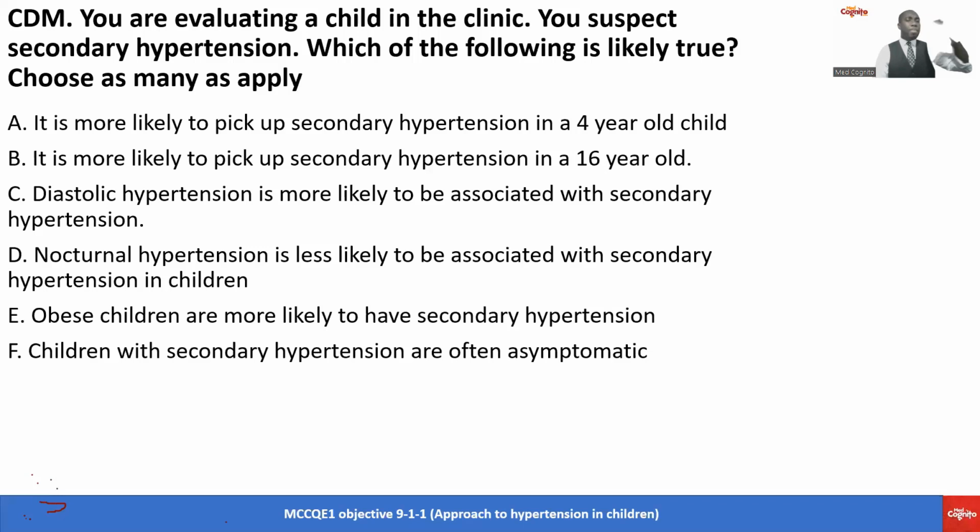C, diastolic hypertension is more likely to be associated with secondary hypertension. D, nocturnal hypertension is less likely to be associated with secondary hypertension in children. E, obese children are more likely to have secondary hypertension. F, children with secondary hypertension are often asymptomatic.